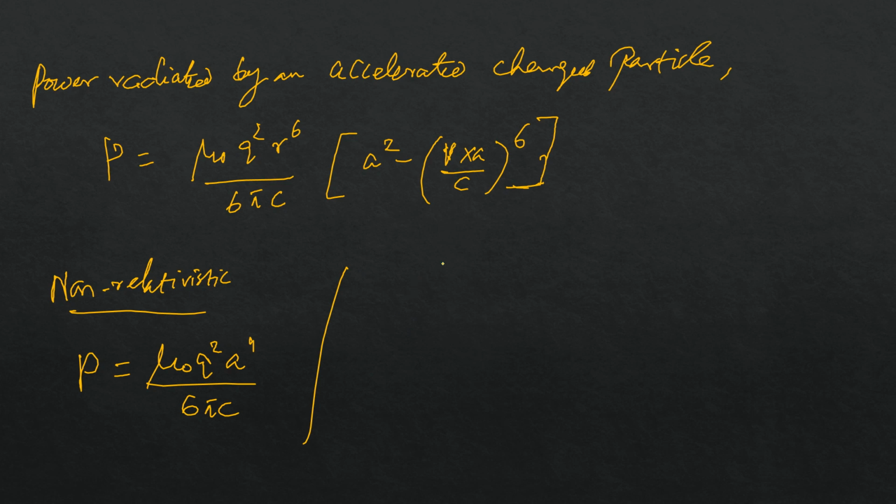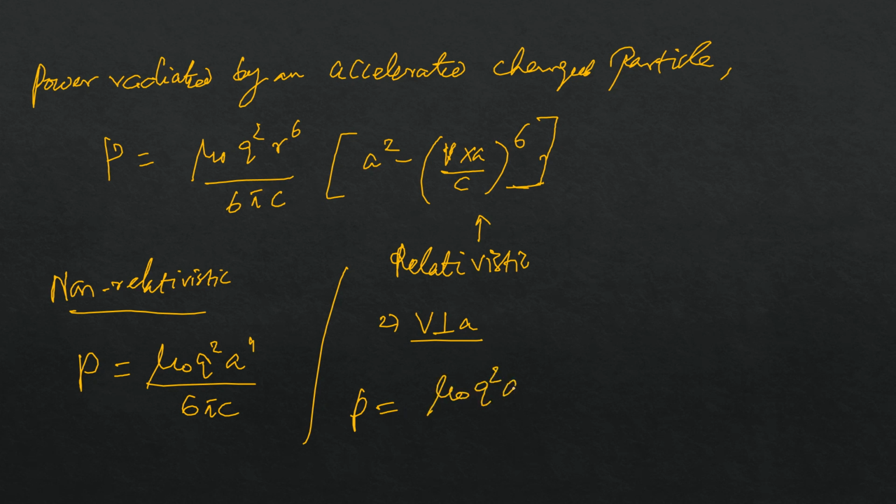Then comes your relativistic case, which is this one. And for example, if v is proportional to a, then P is equal to mu naught q square r fourth divided by 6 pi c, right?